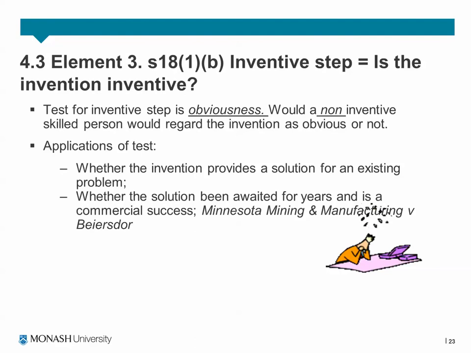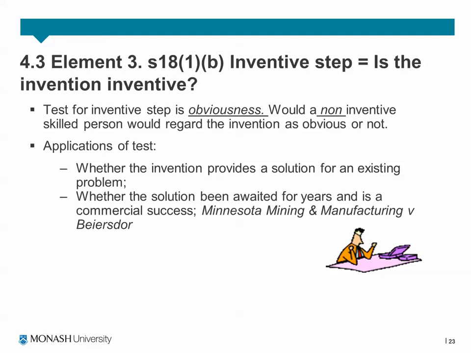So let's look at the obviousness test. So, obviousness. Would a non-inventive skilled person regard the invention as obvious or not? We have a number of ways of looking at the issue of inventive step. There is no one sole formulation of what an inventive step is.